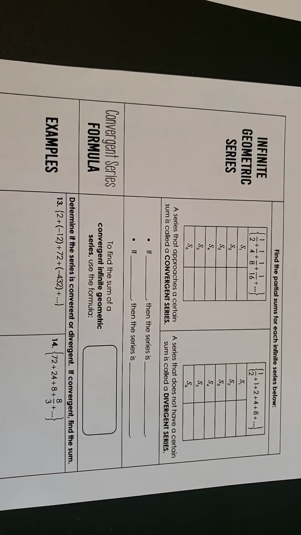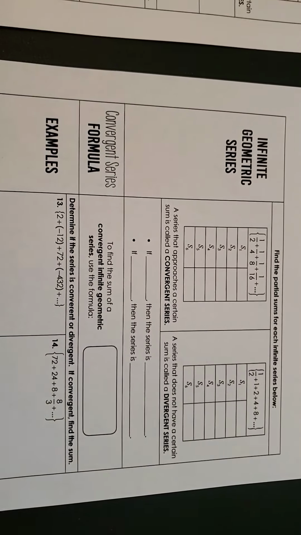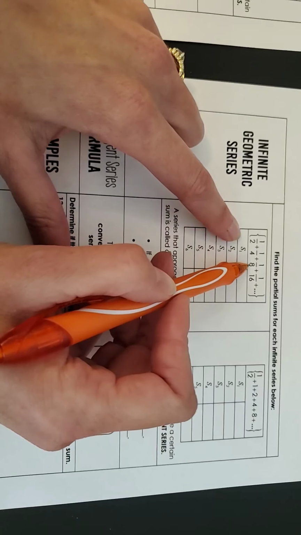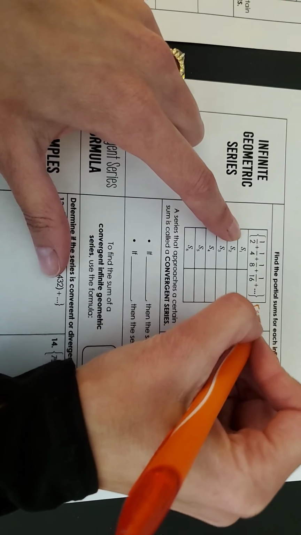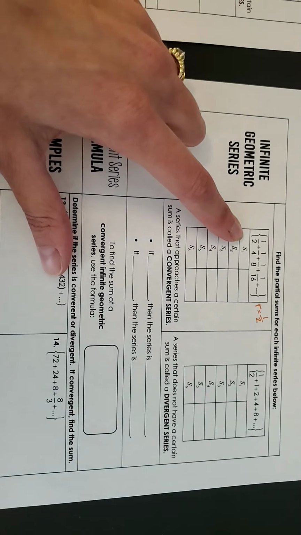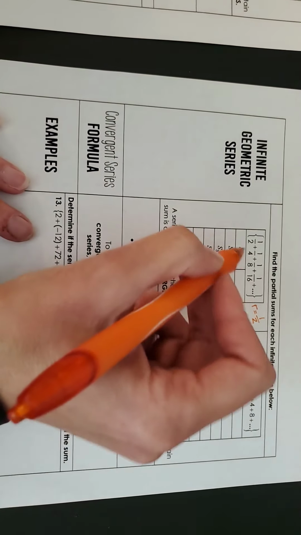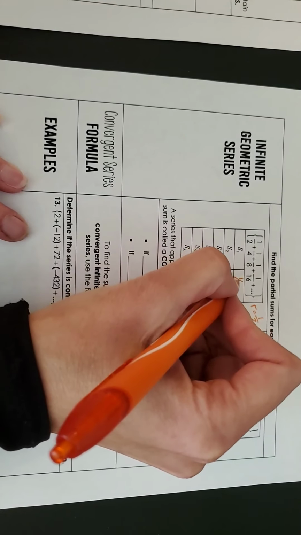But what about infinite series? We want to do a little exploration here. If we have the series 1/2 plus 1/4 plus 1/8 plus 1/16, notice that the ratio is 1/2. We're adding half as much each time. And so if I add just the first term, that's a half.